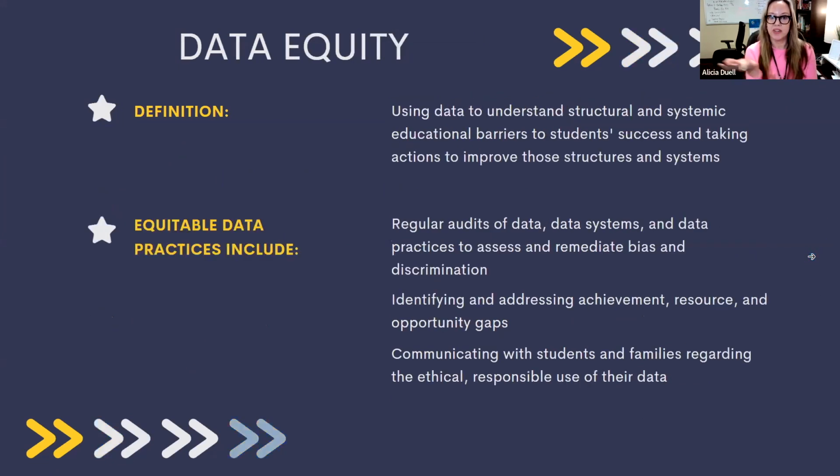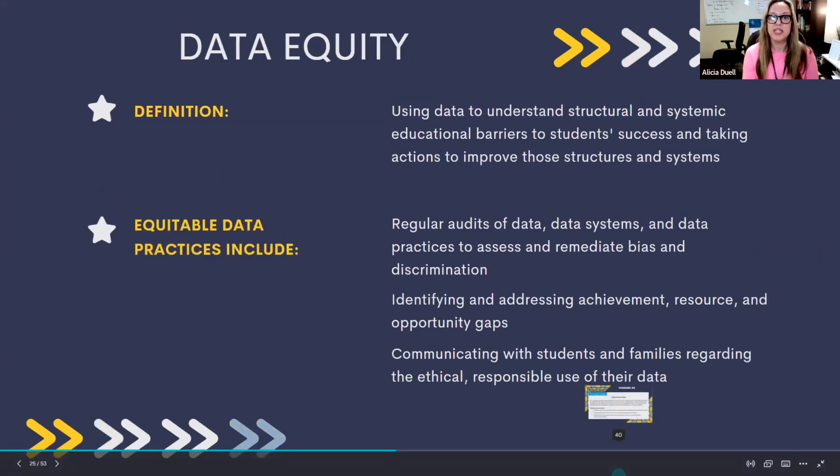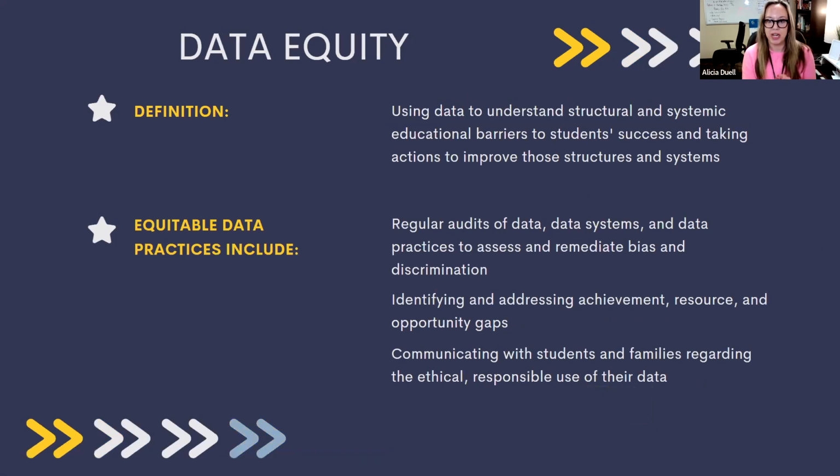Data equity, on the other hand, is about using data to understand structural and systemic educational barriers and taking actions to improve those structures and systems. Equitable data practices include auditing your data and your data systems to assess and remediate bias and discrimination. So is the data you're collecting somehow amplifying bias or discrimination?